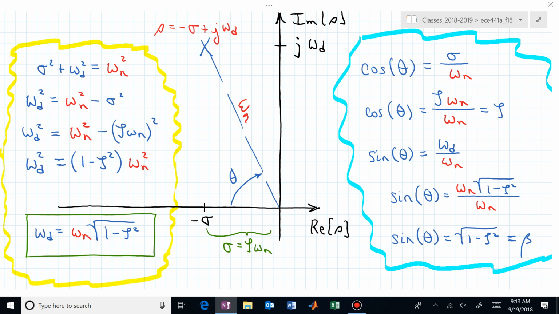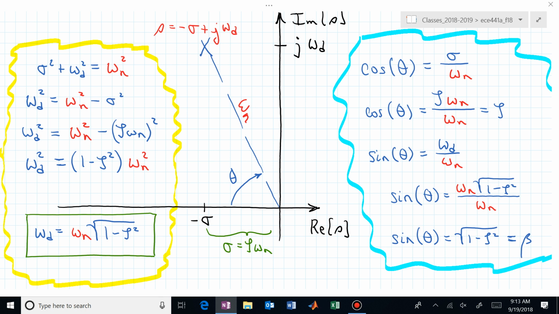I'm simply showing the connection between sigma, omega sub d. So sigma I might call the damping, omega sub d I might call the damped frequency of oscillation, and omega sub n, as we go through this semester, sometimes we'll actually draw a circle with that as a radius, and we'll say, where are our poles if they are omega sub n away from the origin?